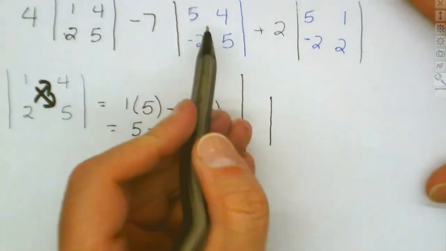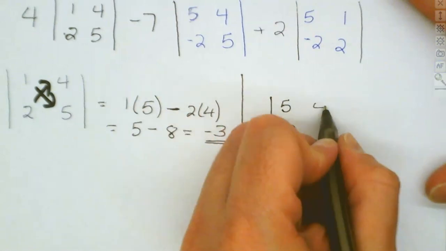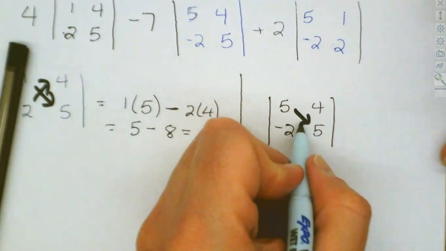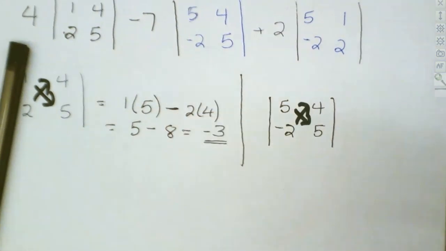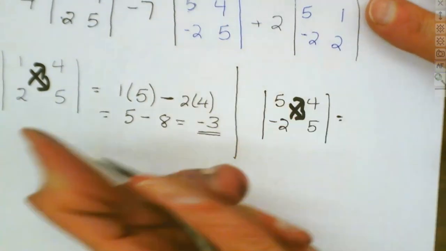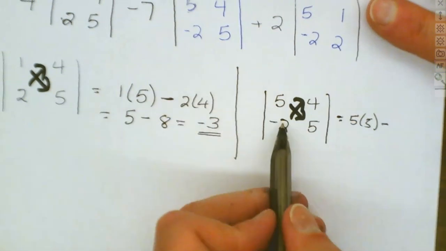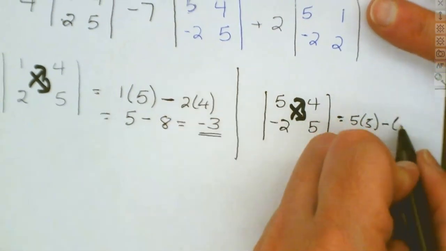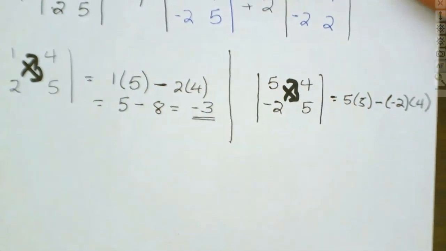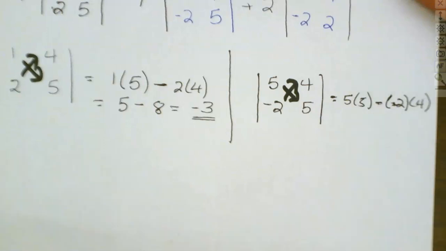So let's do the one that's in front of the 7. 5, negative 2, 4, and 5. Cross and subtract. So that's 5 times 5 minus, watch your signs here, minus 2 times 4. So you've got to be very careful with those signs. Where students make a mistake is that double negative, because this is always negative.